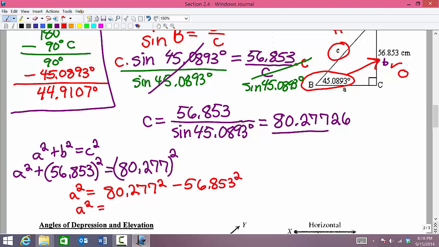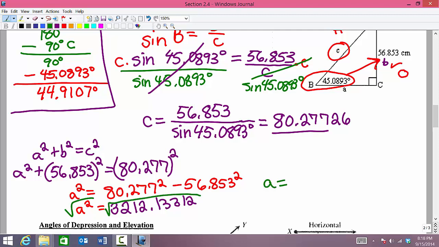So I get a squared is equal to, I'm just going to type this directly into my calculator. And I get that a squared is equal to 3,212.13312. And of course, to solve for a, I need to take the square root of both sides.